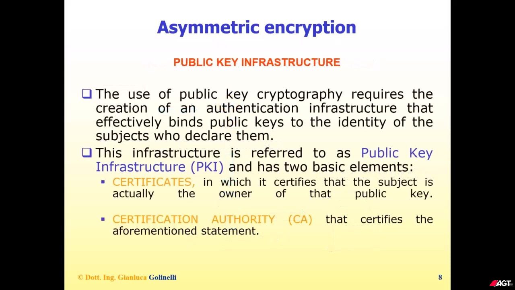But how do public keys travel on the channel? Usually through digital certificates of the respective owners of public keys. Digital certificates are issued by certification authorities which certify the authenticity of the data contained in the certificates.